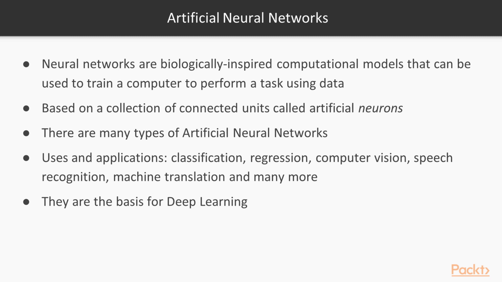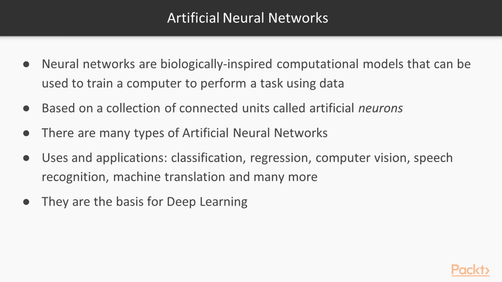The distinction between these models and others is that these models are based on a collection of connected units called artificial neurons. There are many types of artificial neural networks, and in this course we will use one specific type, called the multilayer perceptron. Please note that there are a lot more variations on artificial neural networks.